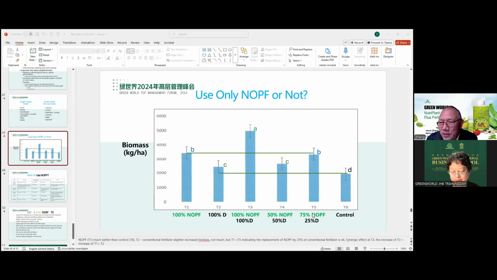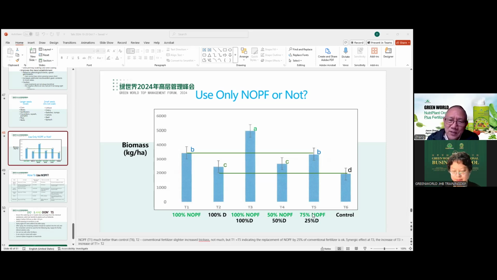You need to dig a hole or dig a tunnel, put it in the soil and cover it. And also, you have to keep it moist. It cannot dry. If dry, this will never be water soluble. When it is not water soluble, it will never be available for plants to take.